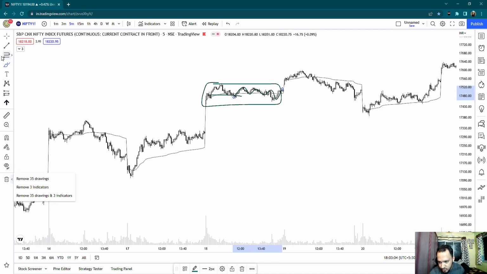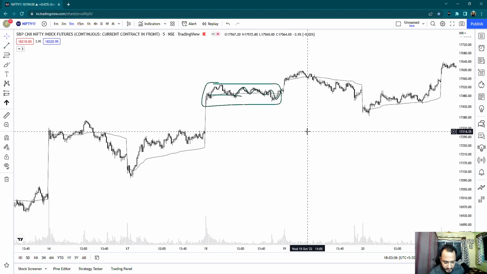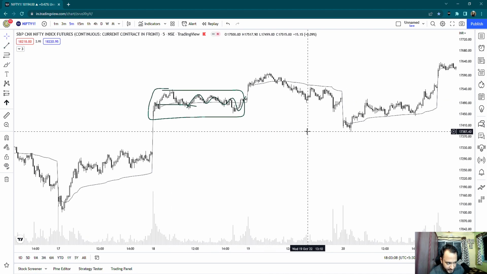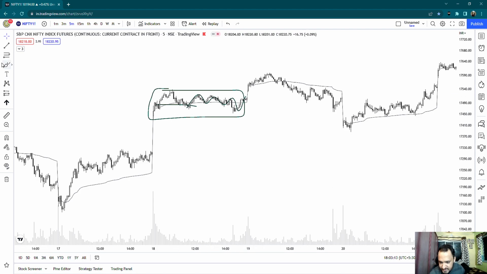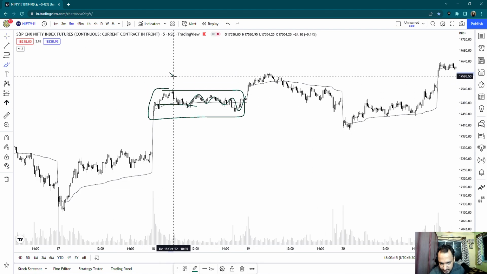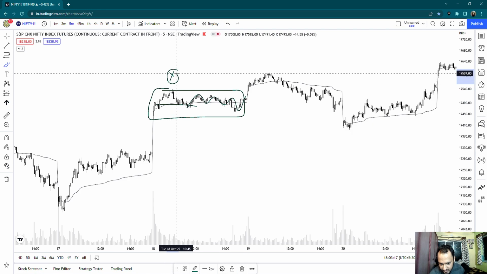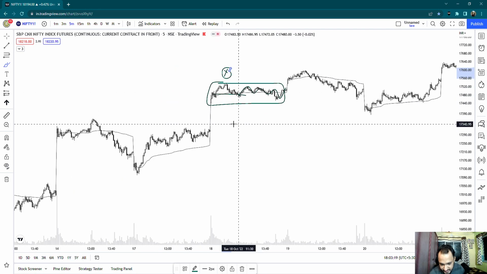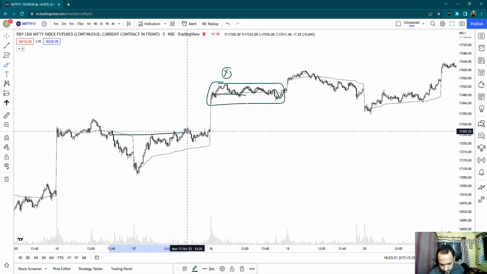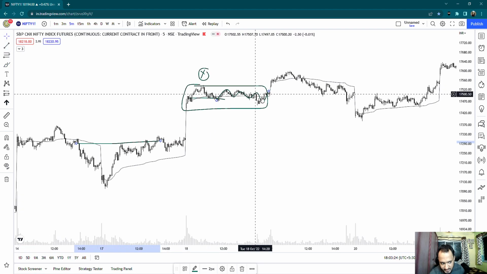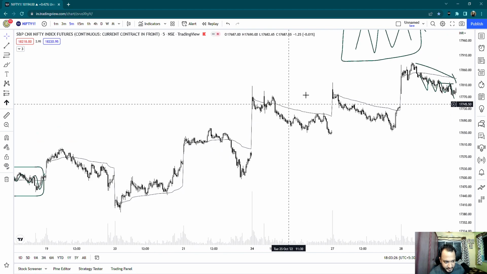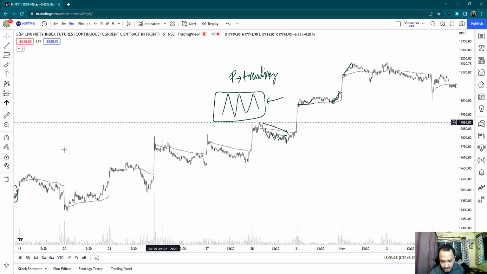So how do we use this information to our advantage? What do we actually do here? First basic rule is, if price is above the VWAP, don't take shorts. If price is above the VWAP, do not take shorts until and unless it's a downtrend. What do I mean by this? Suppose I'm seeing this area right here, let's say this part.